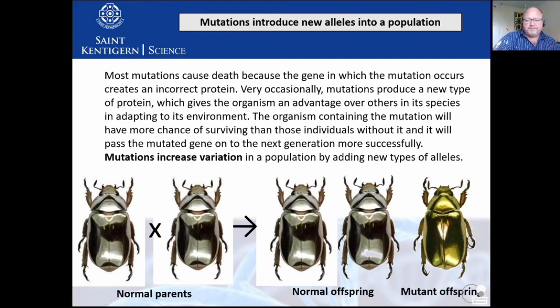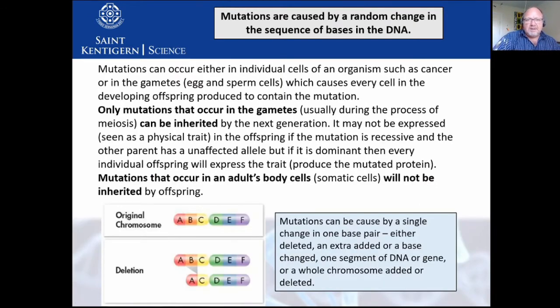Alright, and they occur randomly. In the gametes, they can be inherited, but if it's in the somatic cells, that's your normal body cells, then they do not.